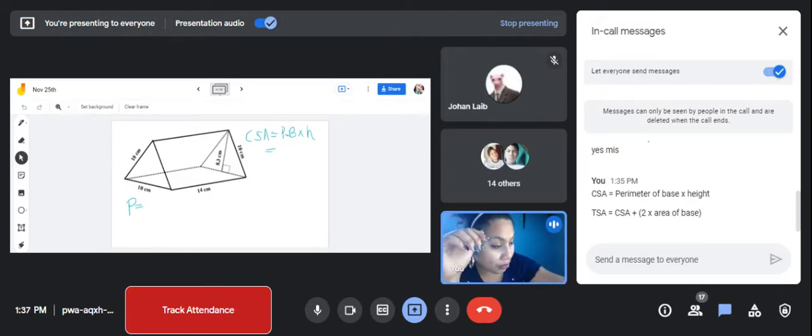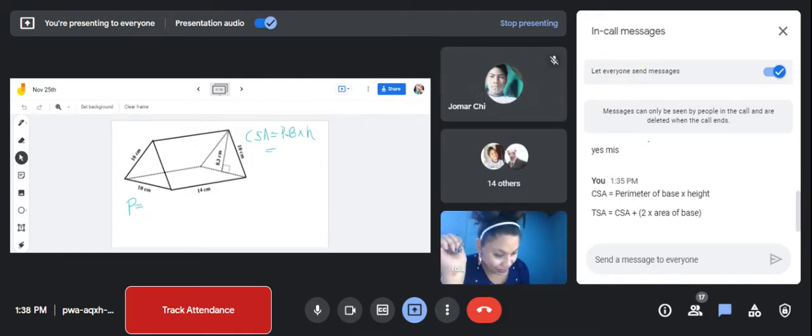We reviewed this on Monday. Length times width?